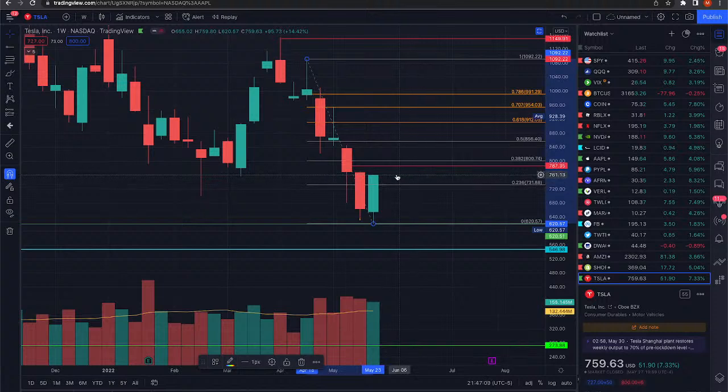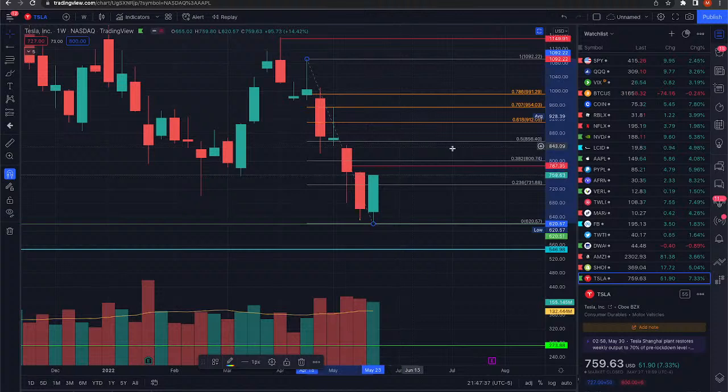Because the more you're in the money, the better the delta. So the delta is how much the contract is going to move per dollar move on the stock. So you want a delta over 50 cents, like 0.5, right? So every time the stock moves up a dollar, you want to get 50 cents on your contract or higher, right? And the way to do that is to be close to the money. So that's how I like to get my calls.